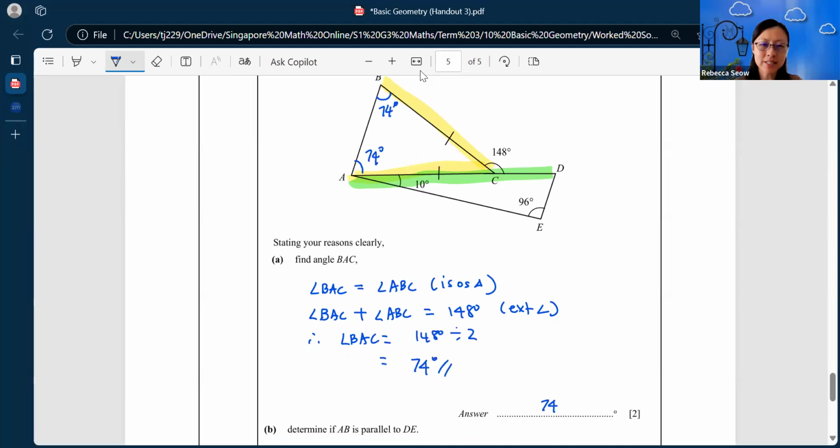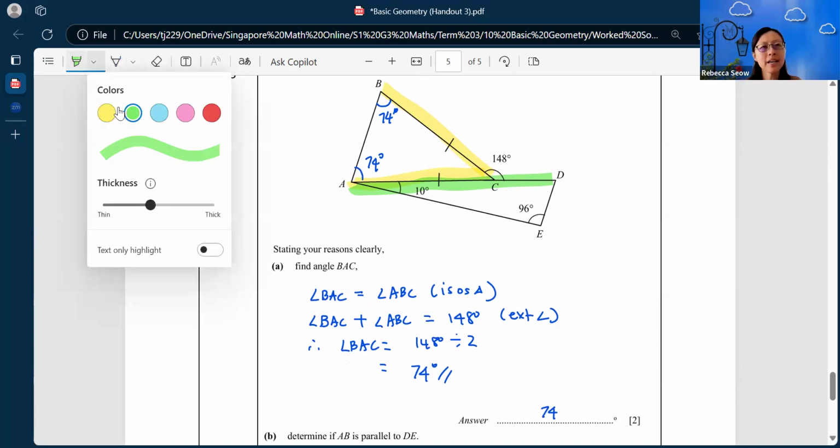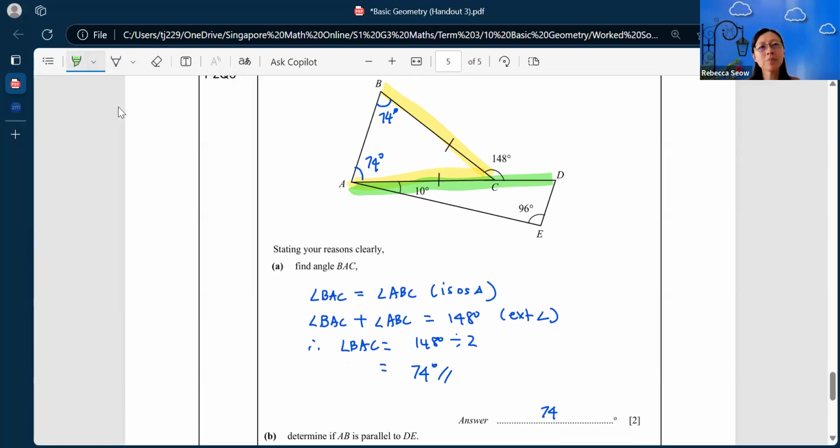If AB is parallel to DE, well, let's see. We have to always base this on an angle property. If these two are indeed parallel, then considering interior angles, these two angles must add up to 180 degrees. So now let's see whether it does really add up to 180 degrees.